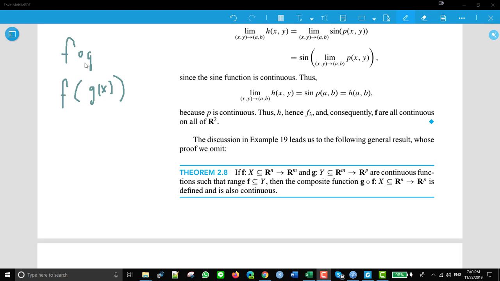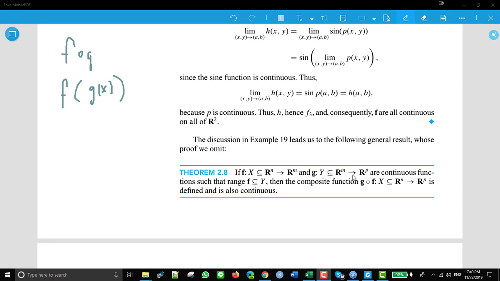This is f circle g, or f of g. Is that also continuous? What does it say? If f is continuous and g is continuous, notice that this is Rn and this is Rm, but these are different. If you think about doing function composition, you see why. It doesn't have to be the same, but this has to be the same as this.